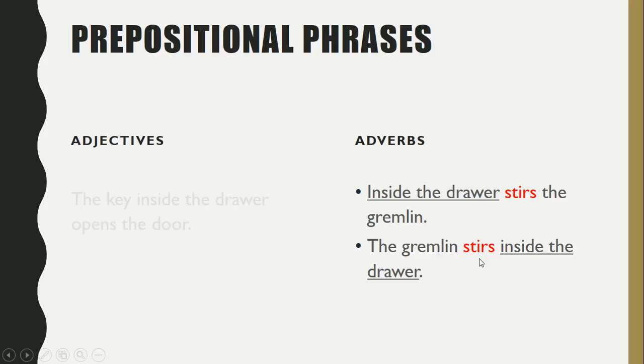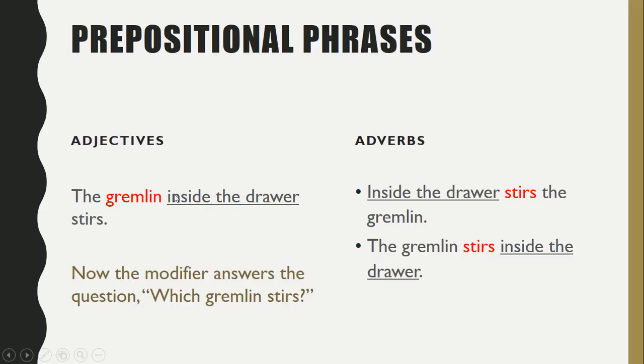It is. Here's where maybe it gets a little bit confusing. We can put it after gremlin. The gremlin inside the drawer stirs. Now we've changed the meaning of this prepositional phrase a little bit. If it comes right after the noun, it seems like it is modifying the noun. And so now it becomes an adjective again, and it is answering the question, which gremlin stirs?